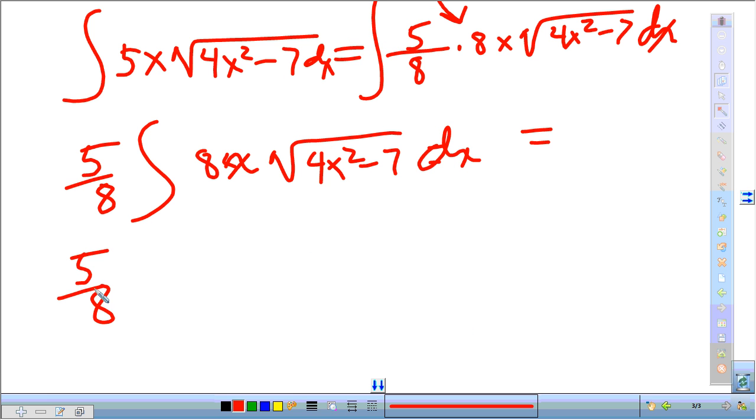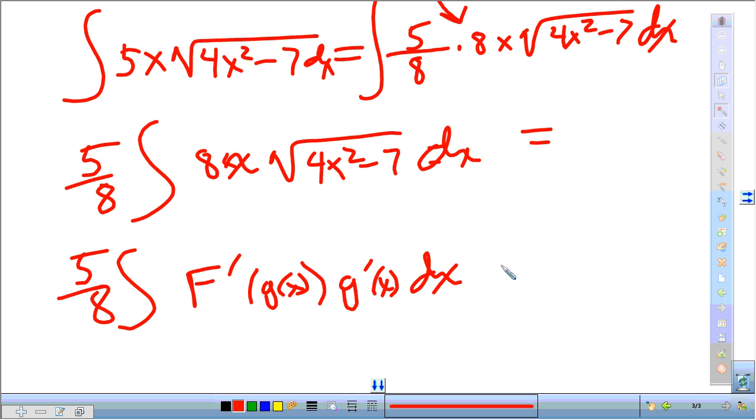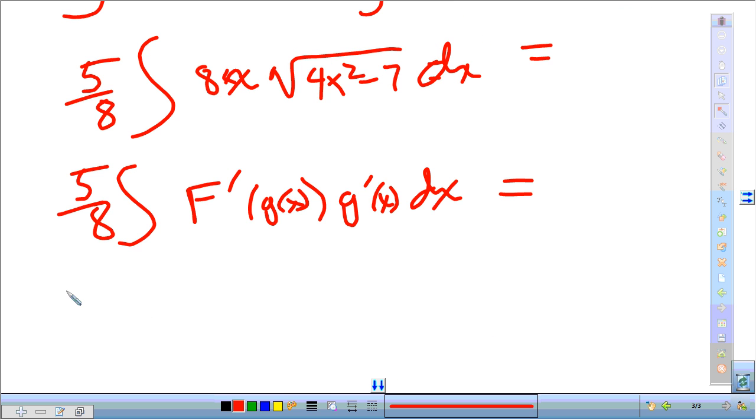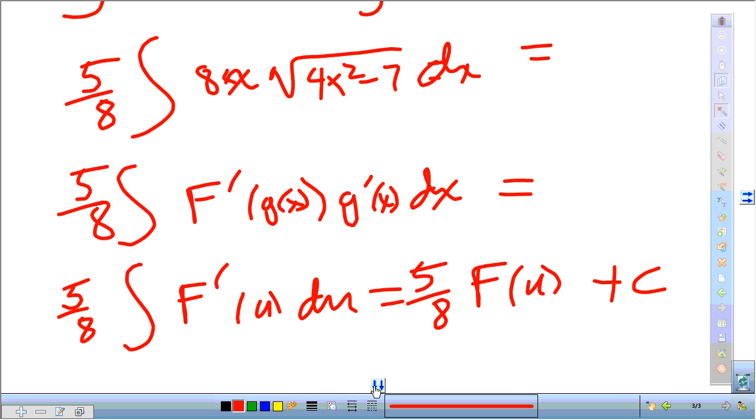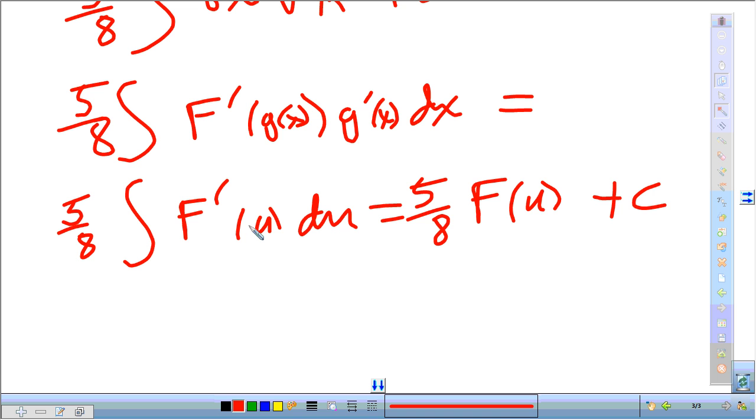what I've constructed as capital F prime of g of x times g prime of x. But then we've seen now in this case it's capital F prime of u du, which should end up, after that substitution, as capital F of u. I could have substituted the square root of u here and worked it out, but I did that above.